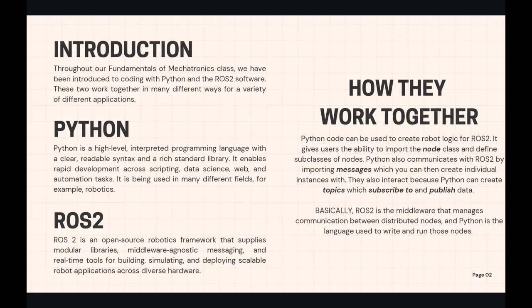These two work together because in Python you can create classes or robot logic. You do this by importing the ability to create nodes. You can import the library from ROS2 itself, which allows you to create nodes and subclasses of the major node class.